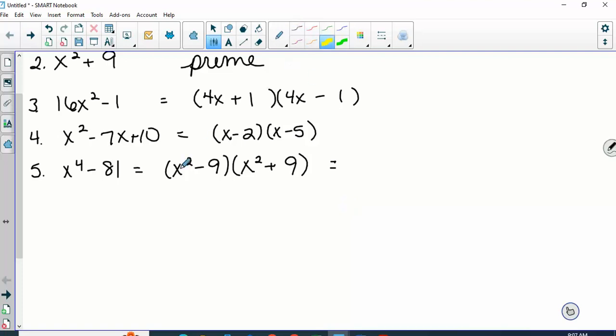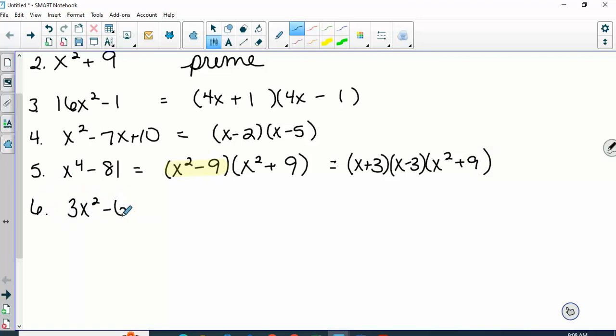So when we look, x squared minus 9 is still a difference of squares. So that would break into x plus 3, x minus 3. And then x squared plus 9, can that go any further? No. Okay.